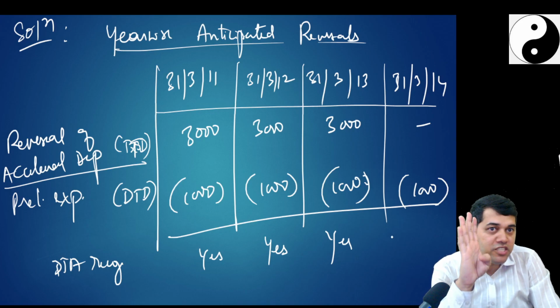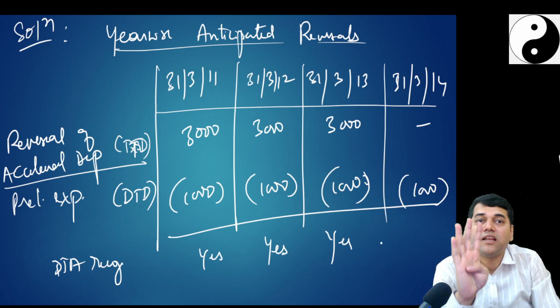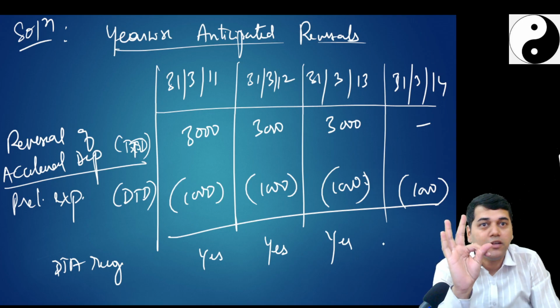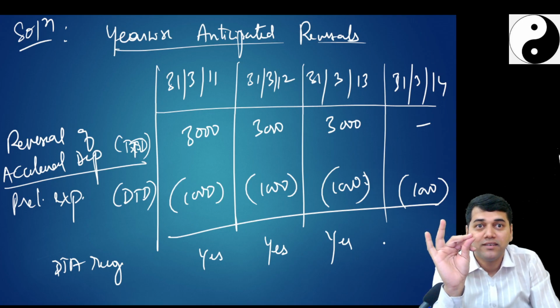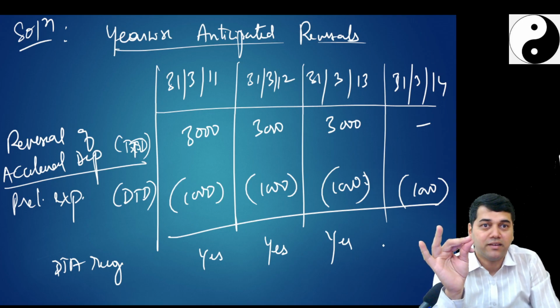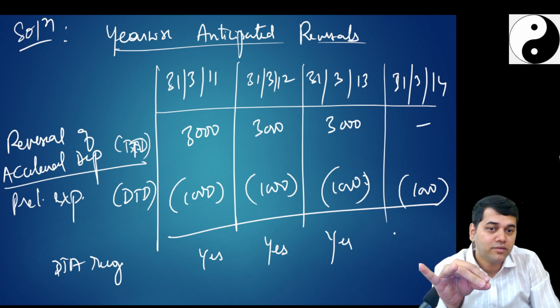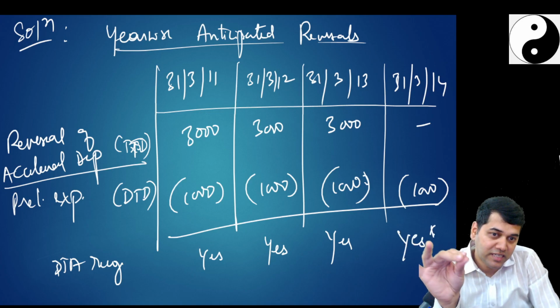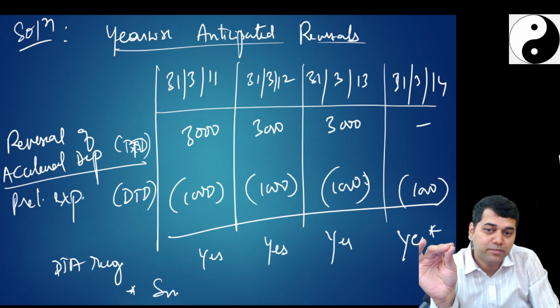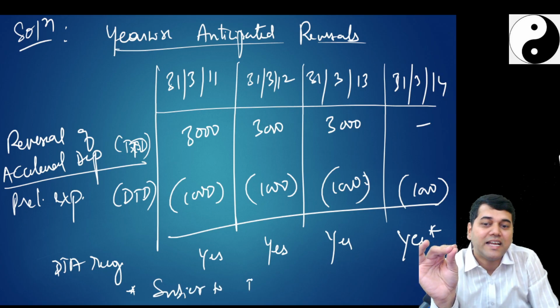As per that condition, no. Now second condition I will apply. Is profit available? No. Third, tax planning. Is there anything they told about tax planning? No. So you can say yes, with a star, subject to tax planning.